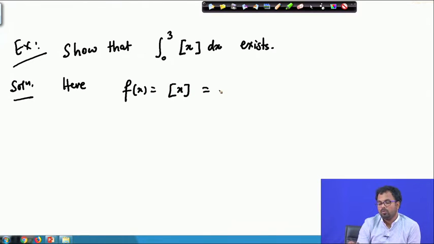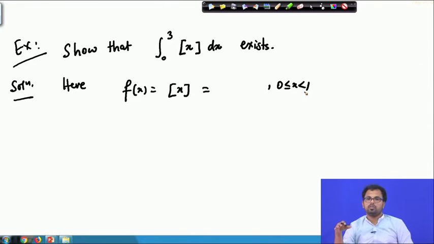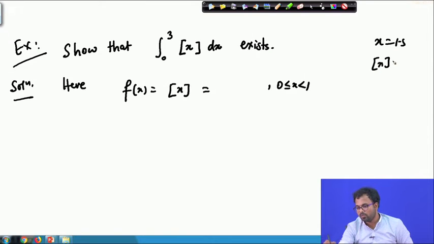So what would be box of x if x is between 0 and 1? The box function is basically the integral part of the number, sort of like a floor function. So if the value of x is, for example, 1.5, then box of x will be 1. So you always take the integral part.